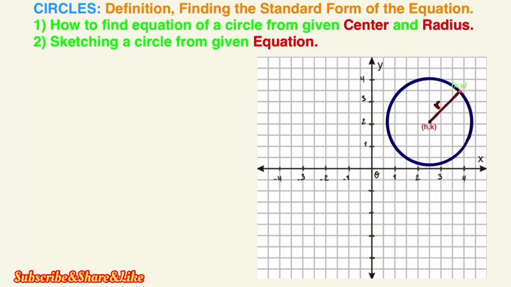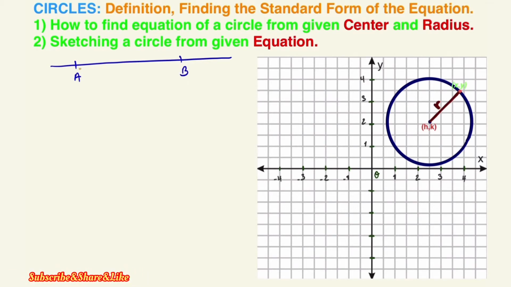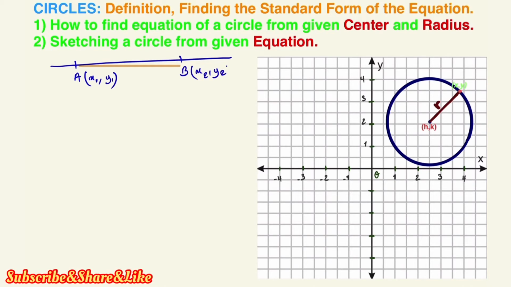So let's try to find the standard form of a circle. First of all, we go back to the distance. If we have, for example, these 2 points, we call them A and B. To find the distance between them, we say A is (x1, y1), and B is (x2, y2).